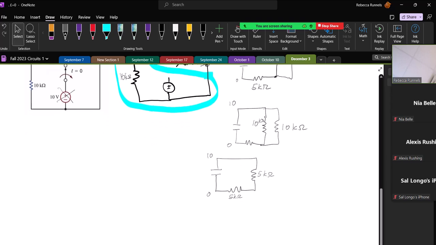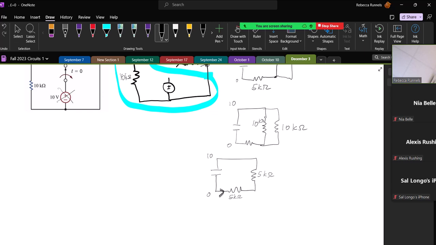And so I know, and I'm looking for this current, I know by voltage division that if I have 0 at this side of these two resistors and 10 on this side, then in between it's going to be half. So I will have lost half of the voltage in between, so I have 5 volts right here.